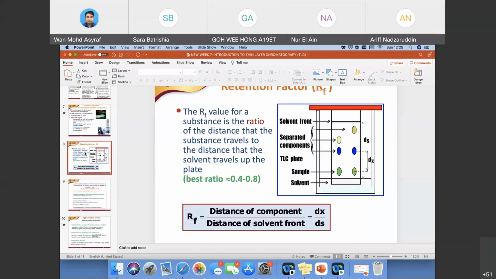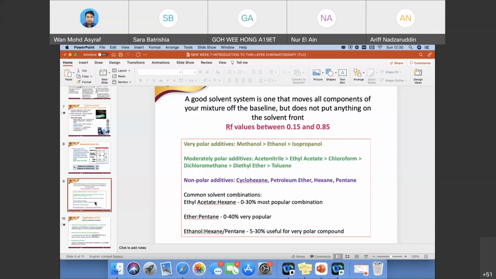Here it says 0.4, but a higher ratio, maybe around 0.8 or 0.7, shows that your separation is good. These are the solvents that are usually used. A very polar solvent is methanol; a non-polar one is usually hexane or cyclohexane.